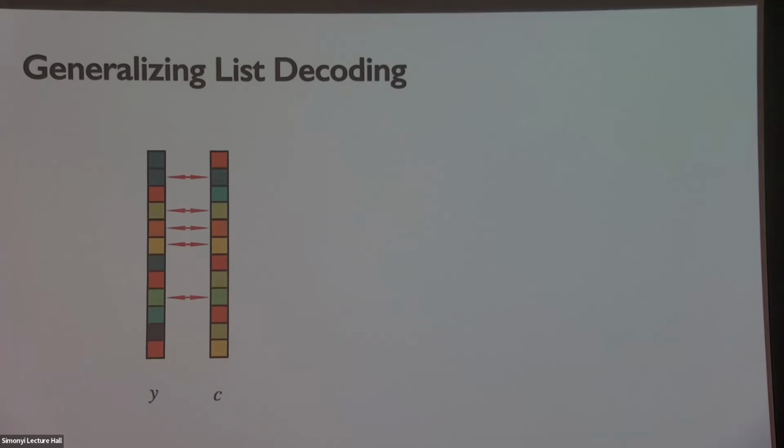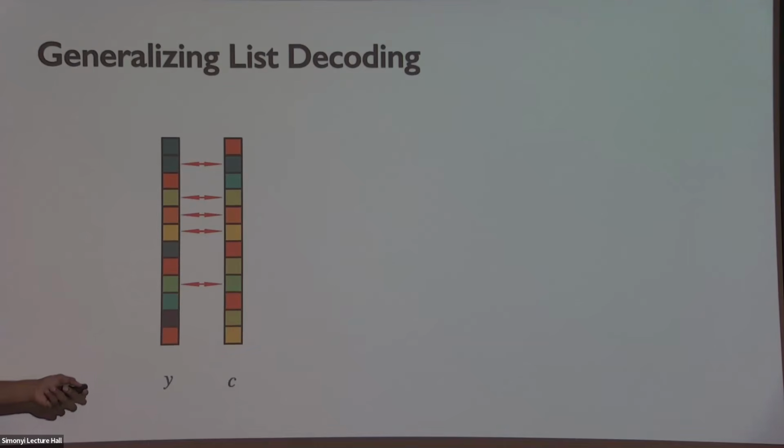But this was the case when the received word was a vector where with certainty we knew that the first entry was blue, the second entry was blue, and so on and so forth. But it could also be the case that the channel is so noisy that you don't know with certainty what symbol you receive at every coordinate. So it could be that at the first coordinate you receive A with some probability, B with some probability, and so on and so forth. It's possible.